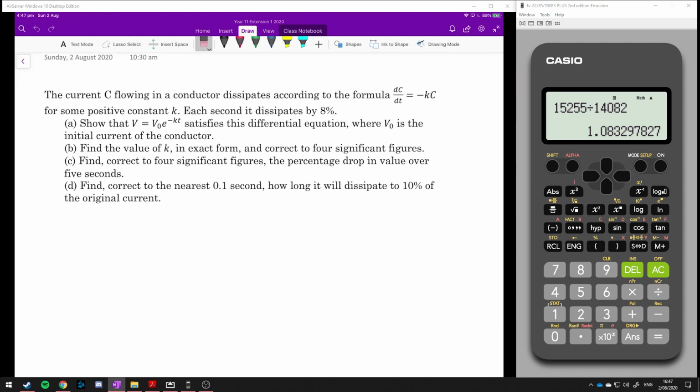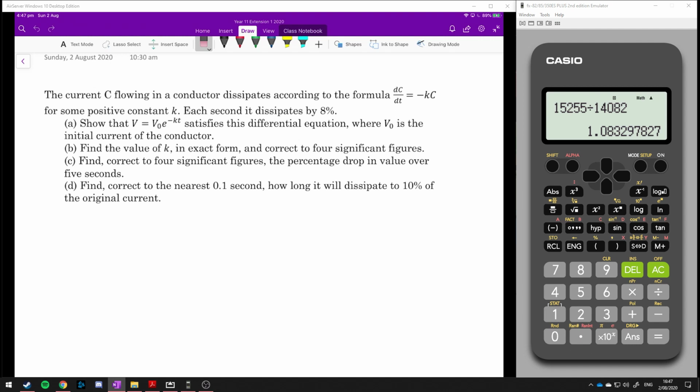Okay, so we've got the current C flowing in a conductor, and it dissipates according to the formula dC/dt is equal to minus kC. Essentially, there's electricity in a conductor, and it disappears after a while. After some time passes, it loses the charge because it's doing work, and this is the equation that tells us how it's losing its charge.